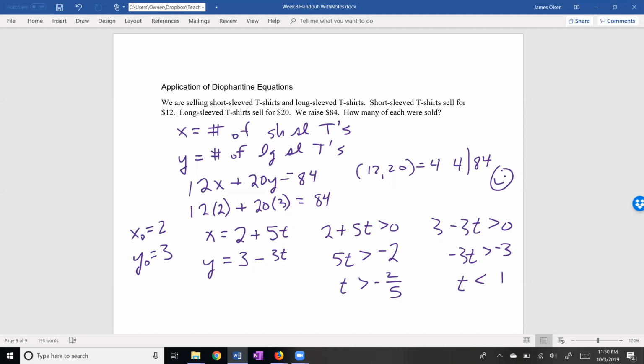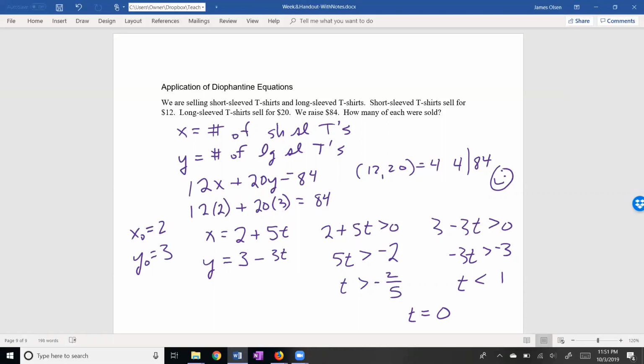So the only thing that's greater than negative 2/5 and less than 1 is 0. So there's only going to be one solution, and it was my specific solution, 2, 3.